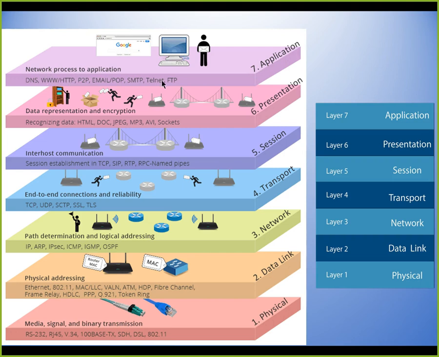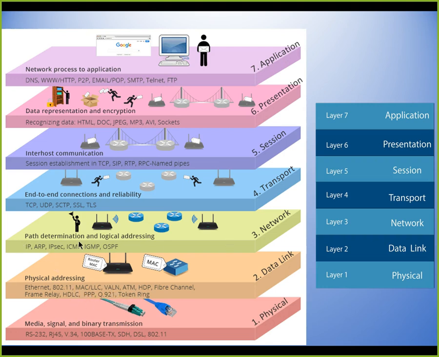A guy that I communicate with at another institution says to know the OSI model, I don't know how many questions you'll get, but it's about what happens there. Down here at the bottom, the physical layer: media, signal, binary transmissions, and then the things that are running there. Physical addressing, Ethernet, and the frame relay that we talked about a little bit earlier. I don't see PPP on here. Yeah, I do. PPP, point-to-point protocol.